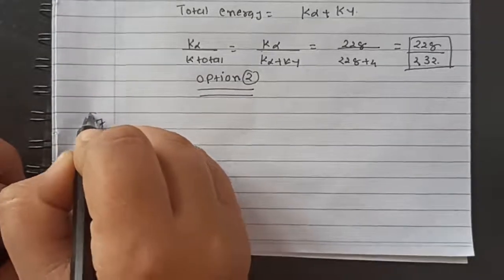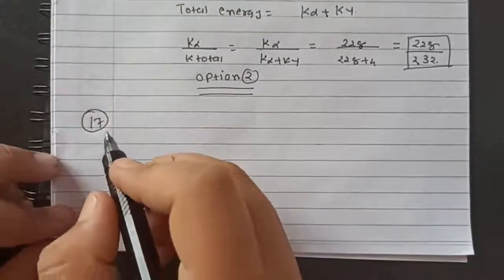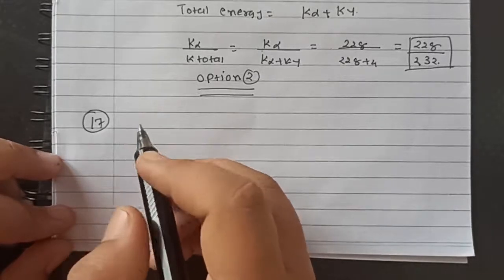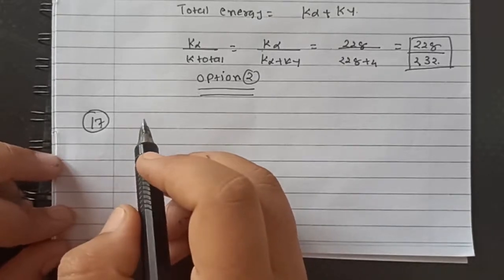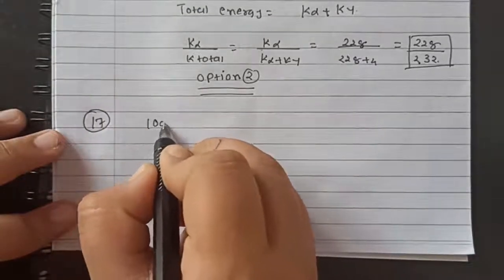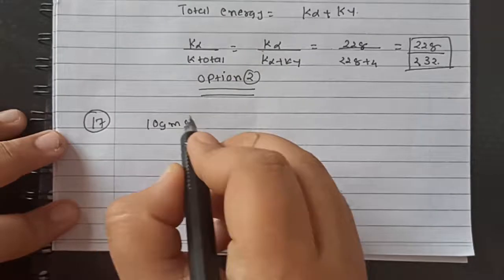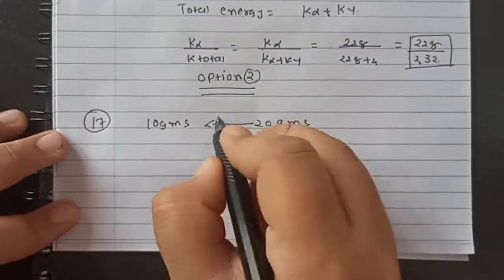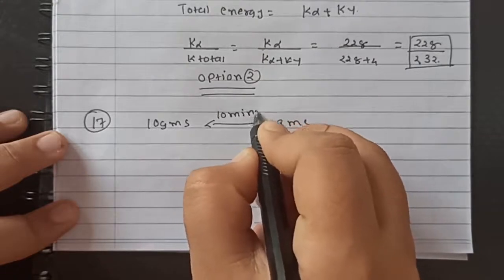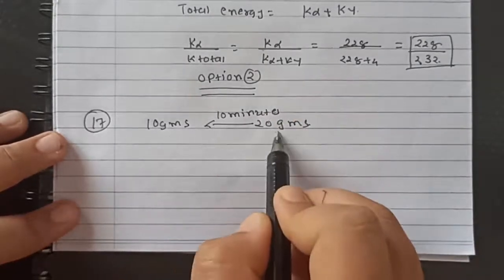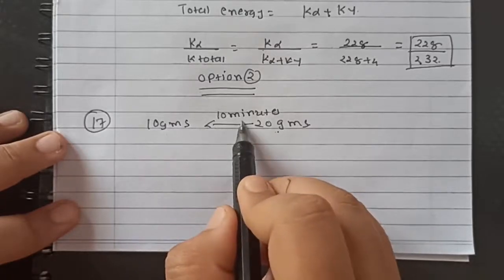In question number 17, we want to find the decay constant for the radioactive element which disintegrates from 20 grams to 10 grams in 10 minutes. Here the mass is halved from 20 to 10 gram in 10 minutes.